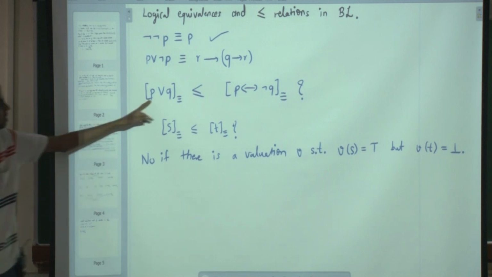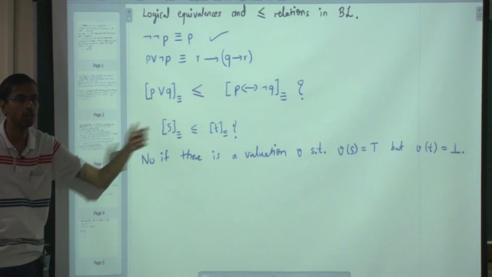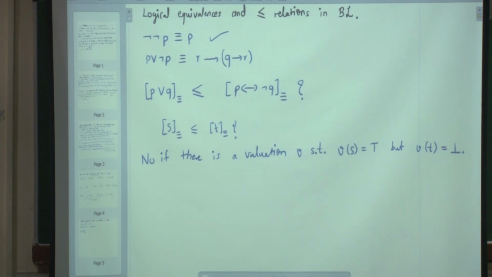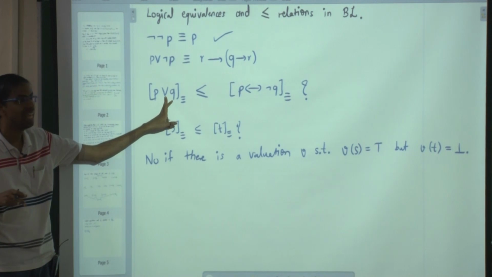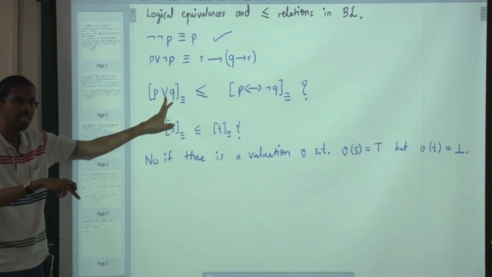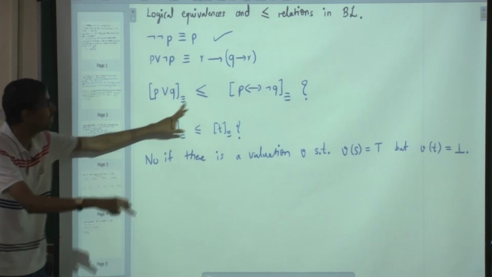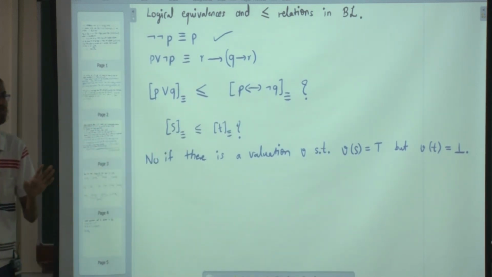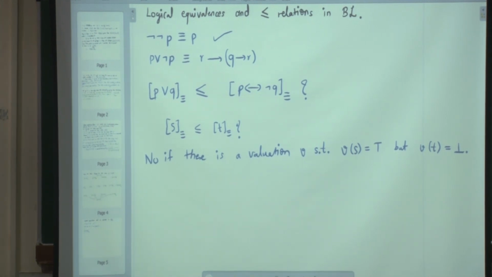So basically, when I am saying that this implies this is a tautology, what does that mean? That whenever the column in the truth table for this formula has T, then the same row in the column for this formula must have T. If it doesn't happen, then there is some T here, but false there. In that case, we don't do anything. So you can solve all the problems related to this.